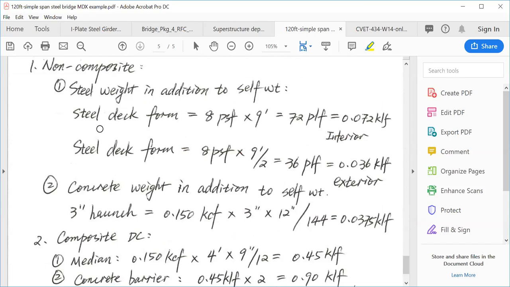Now we have the steel deck form for interior girder is 0.072 kips per linear foot, and for exterior is 0.036. So I input this into the software.